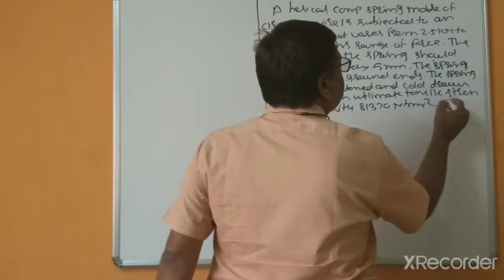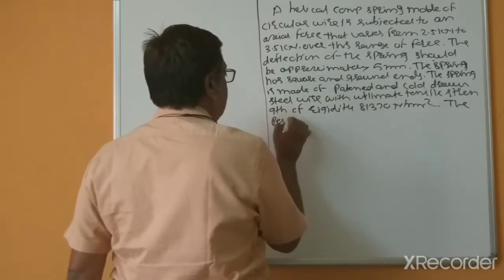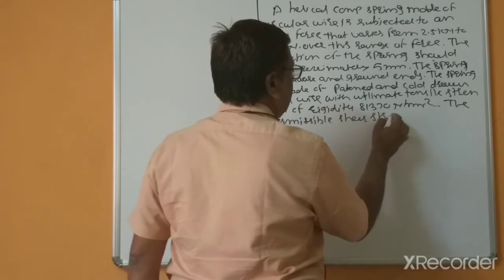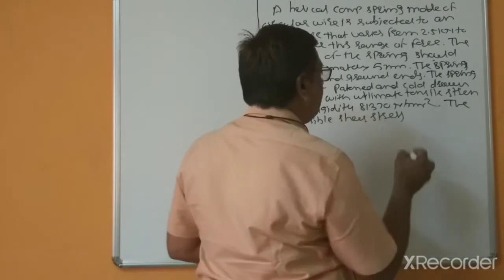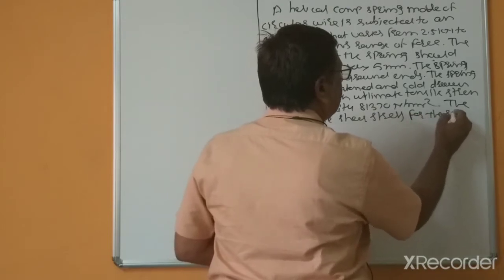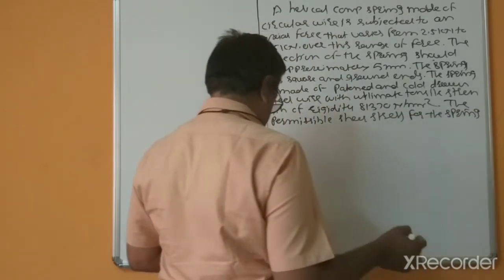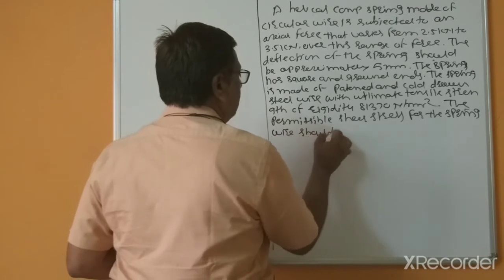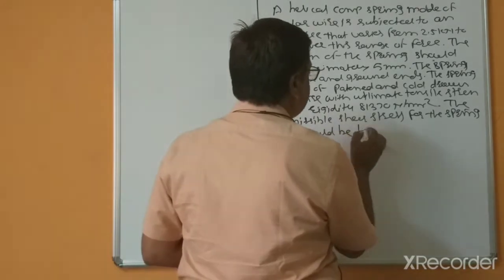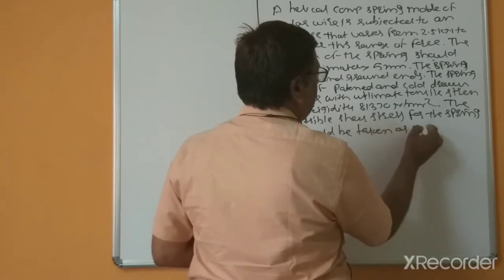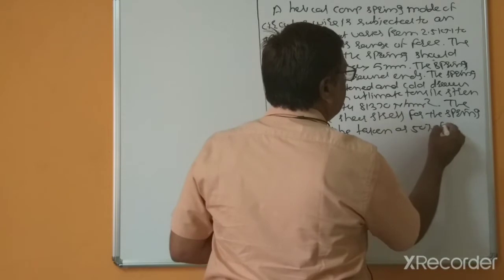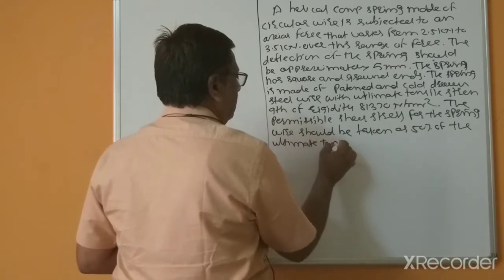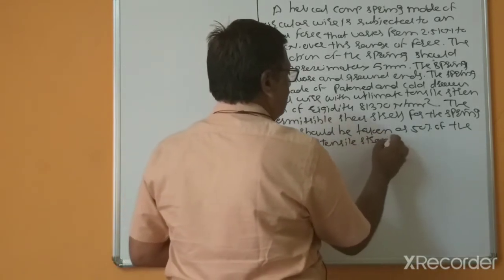The permissible shear stress for the spring wire should be taken as 50% of the ultimate tensile strength.